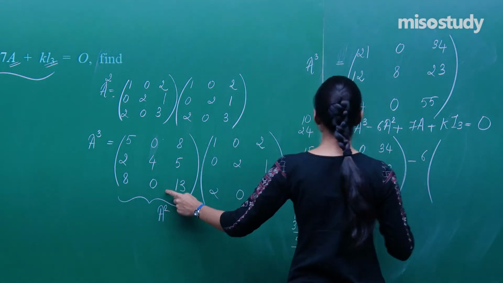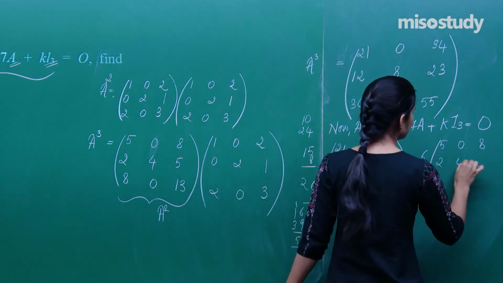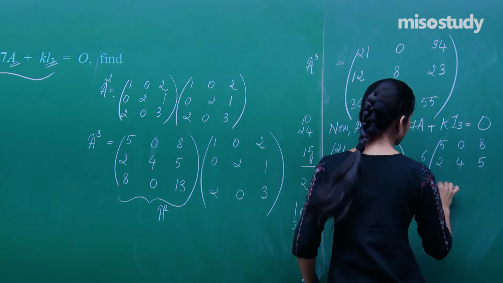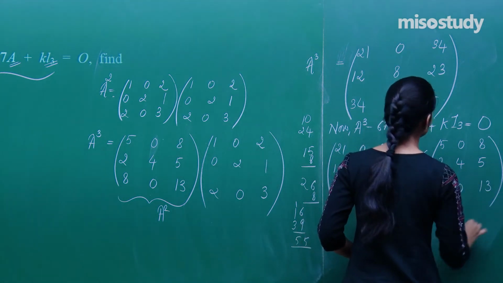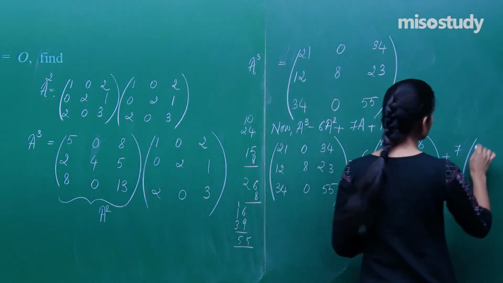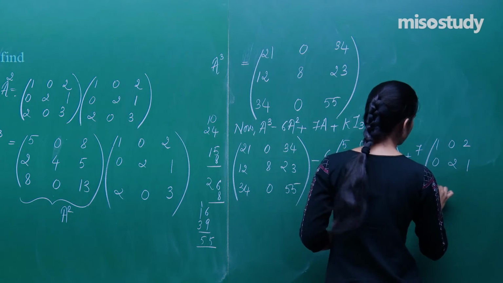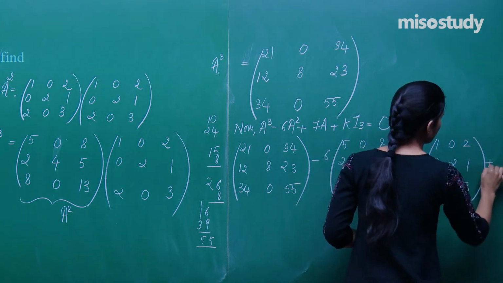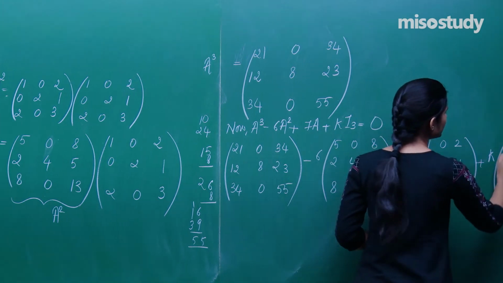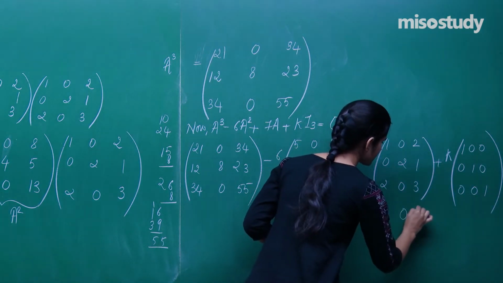A square is this 5, 0, 8, 2, 4, 5, 8, 0, 13, plus 7 times A, which is 102, 021, 203, plus k times I cube, which means 100. This is given to be equal to null matrix of order 3.